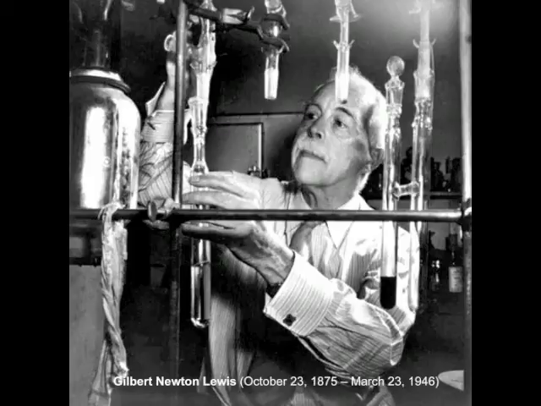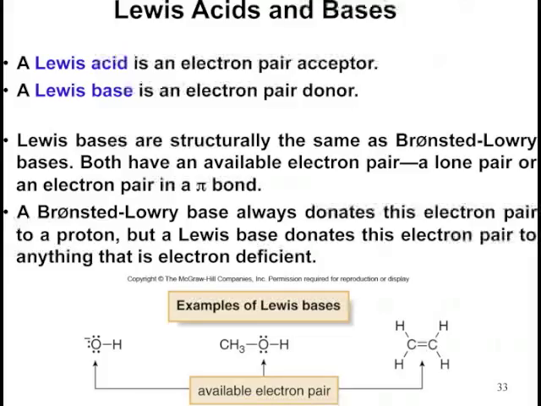So 1923 was really the year of acid and base theories. Please note, and that's important, that the Lewis concept of acids and bases has nothing in common with the concept of Brønsted and Lowry. Both concepts exist independently of each other and must not be confused.